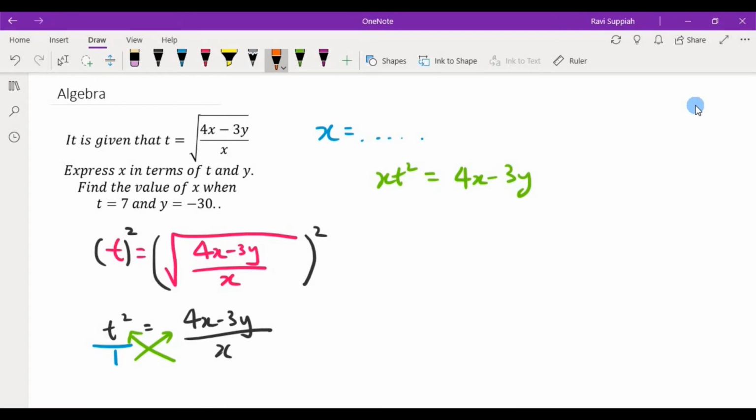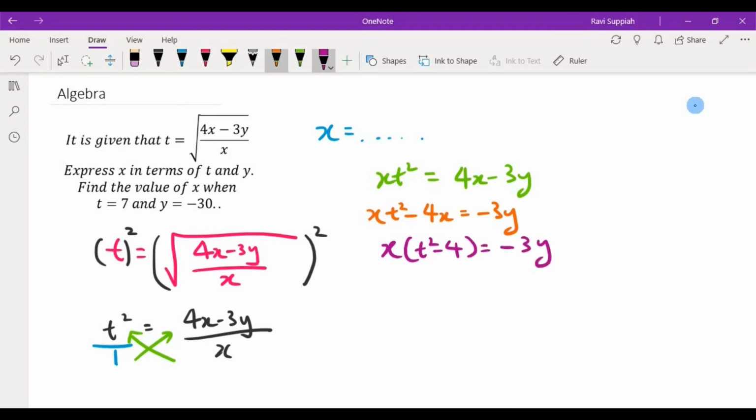What I want is to have all the x related terms on the left hand side. So this 4x I'm going to bring over to the left hand side. So x t squared minus 4x equals minus 3y. And since I want x to be alone by itself, I'm going to factorize x here. So x(t squared minus 4) equals minus 3y.